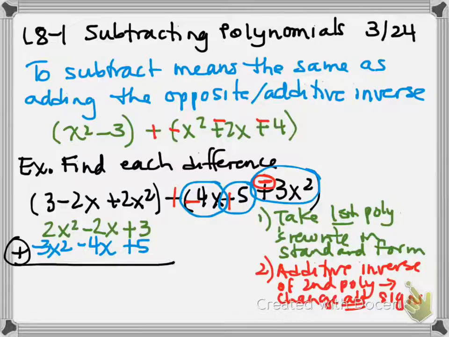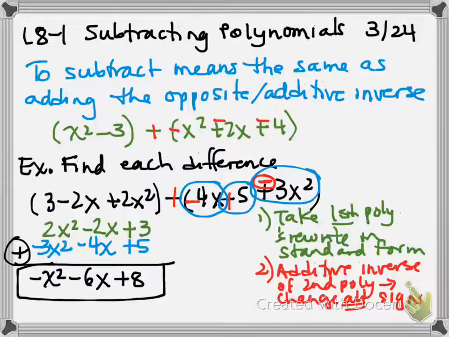Bigger number's negative, so my remainder's negative, and 3 take away 2 is 1, so I just write negative x squared. Next to the x's, they have the same sign, so I'm going to add, and I get negative 6x. And then in my constants, they are also same sign, so I'm going to add, and I get positive 8. So the trinomial answer is negative x squared minus 6x plus 8. Okay?